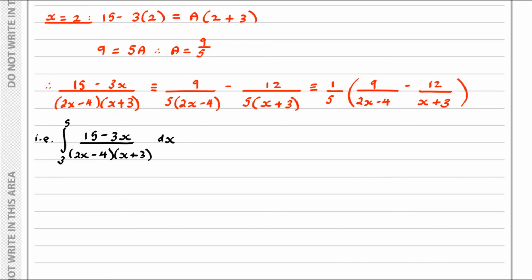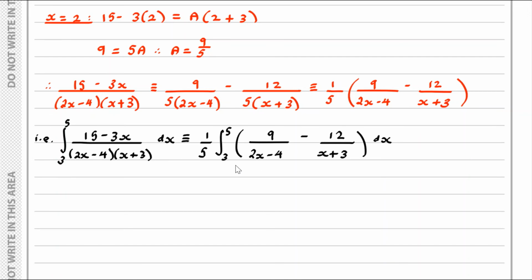Okay, so let's just tidy all this up. And this will be equivalent to 1/5 lots of the integral between 3 and 5 of 9 over 2x minus 4 minus 12 over x plus 3 with respect to x.